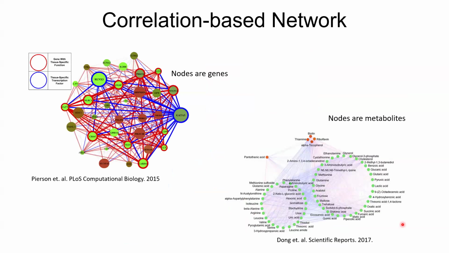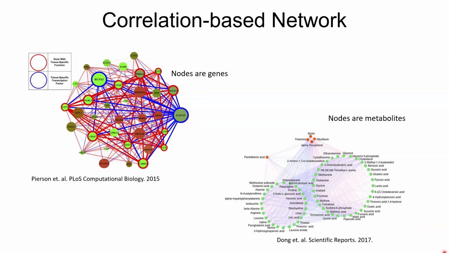Here are two papers that I found that had really nice illustrations of correlation-based networks and how they were used. They are by no means the only papers that are out there. On the top left, these authors built gene co-expression networks, had edges between pairs of genes based on positive and negative correlations, and they were able to color code the genes based on their particular functions and how well they correlated with other nodes in the network.